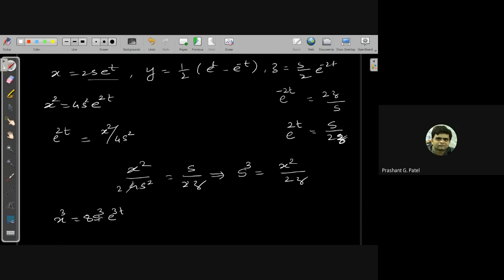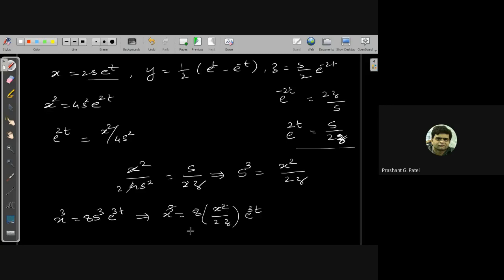Substitute this value, then we get this. So this implies x cube equals 8 into x square by 2z e^(3t).